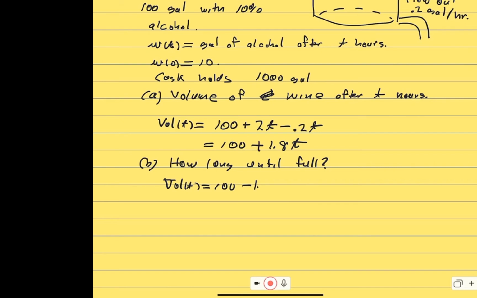I don't know what I was thinking. Plus 1.8 T, and I want that to be 1,000. So that's going to be 1.8 T equals 900. So the time until we're full is 900 over 1.8, which turns out to be 500 hours.